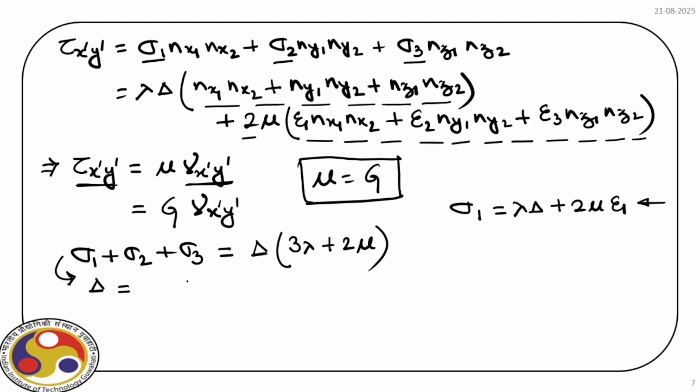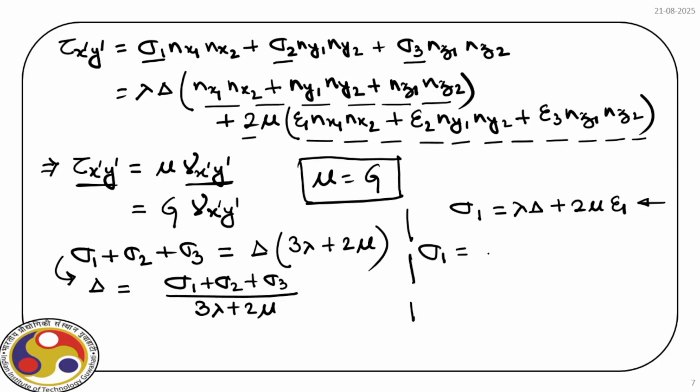Delta is nothing but sigma 1 plus sigma 2 plus sigma 3 divided by 3 lambda plus 2 mu. So if we put this expression in the expression of sigma 1, we have lambda times sigma 1 plus sigma 2 plus sigma 3 divided by 3 lambda plus 2 mu, and then the second term, that is 2 mu epsilon 1.